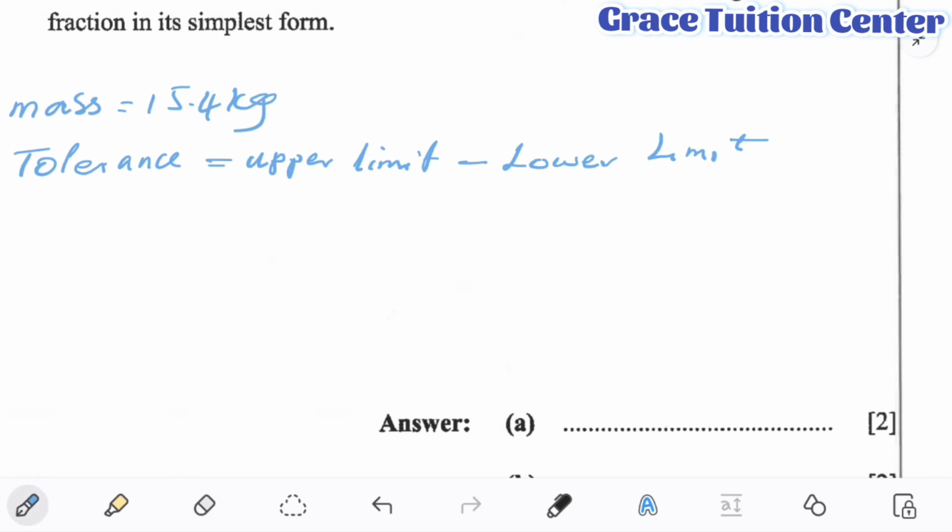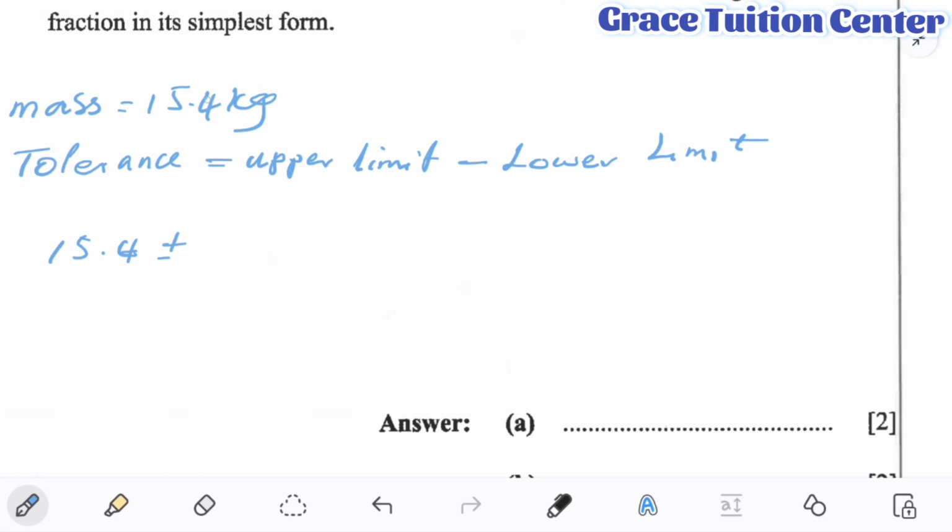So to find our absolute error, let's go ahead and work out our upper limit. We get the actual measurement that we are given. So it's 15.4. Then we say plus or minus the error.